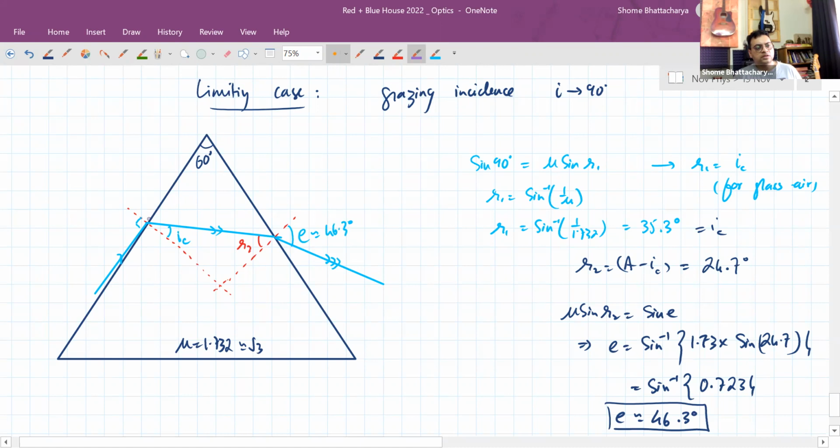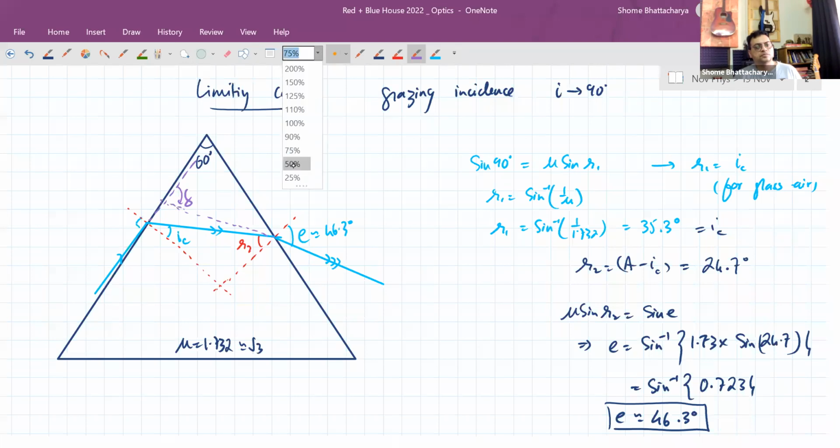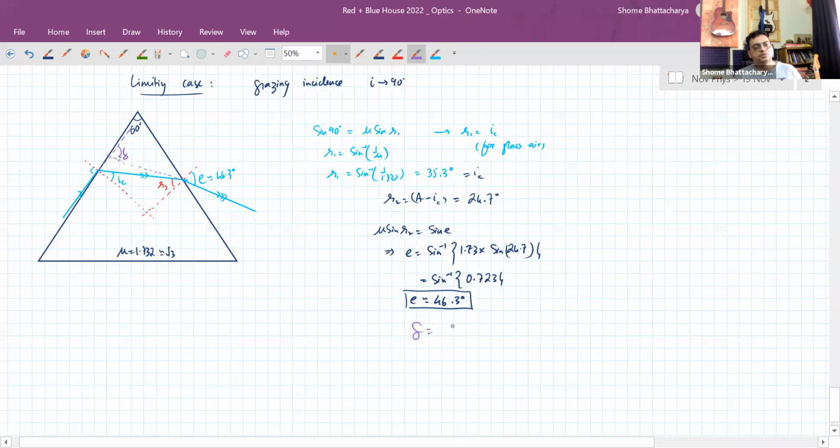So now let's see what deviation that is giving us. To understand the deviation, I have to basically just produce this all the way back here. So this deviation that I'm getting now will be 90 plus 46.3 minus 60 degrees. So that will be about 76.3 degrees.